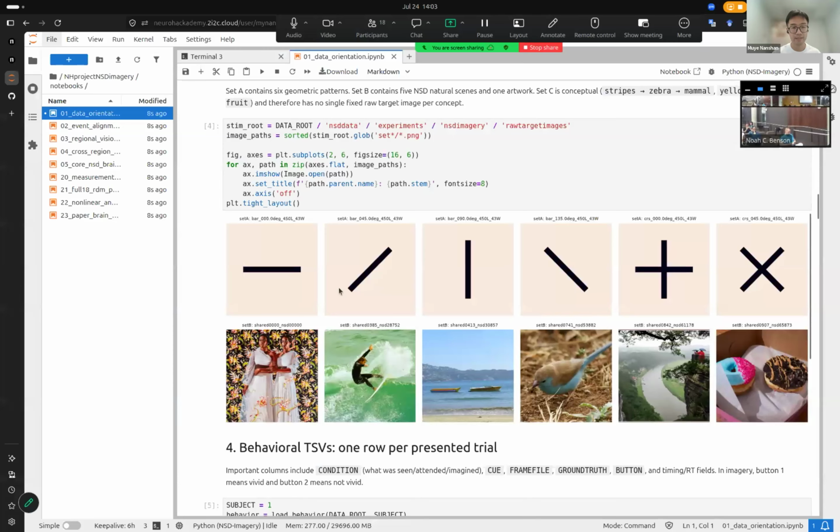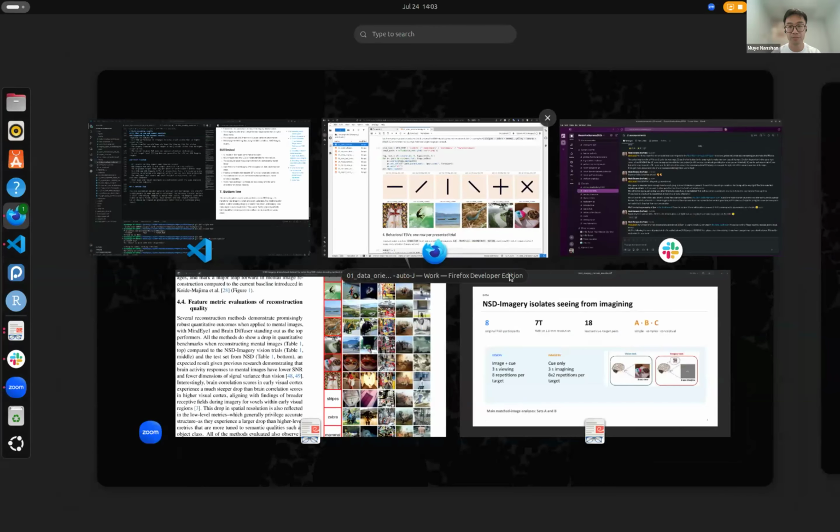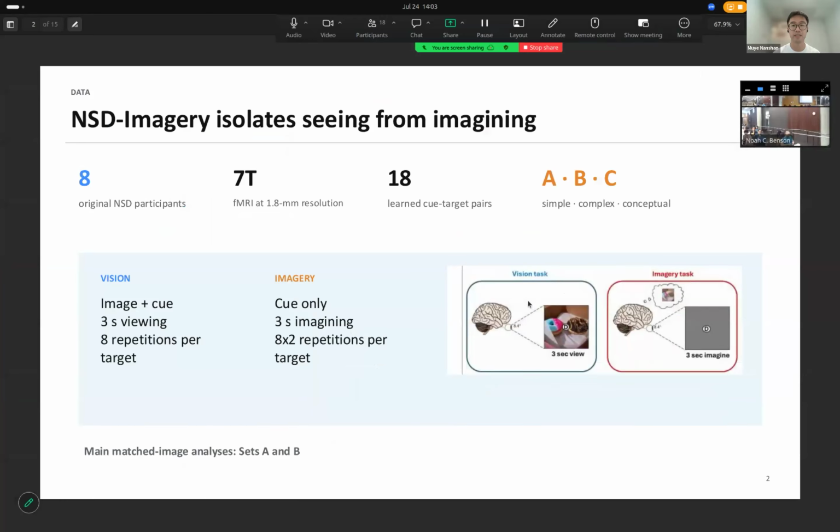So the cues look like this. The first 6 are just simple shapes, like bars, rotated bars and rotated crosses. The 7th to the 12th are natural things or some artworks. There are actually 6 other cues, but I've not displayed them here because that's a bit irrelevant to this vision imagery task.